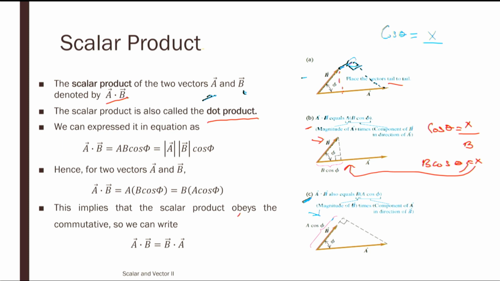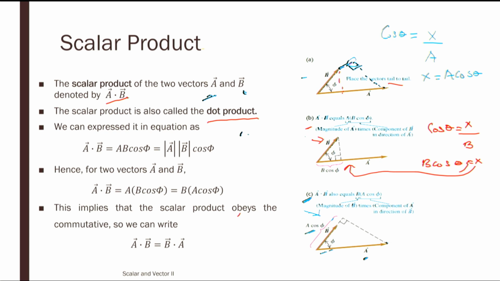When you look at this triangle, the longest side is this, so this is going to be A. So we can then find the unknown part as A cos theta, the unknown indicated with this arrow. That's how we obtain it.